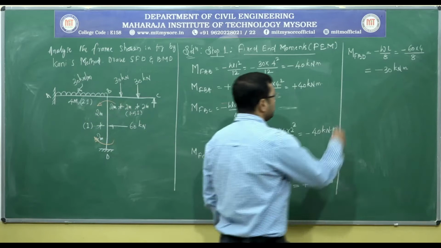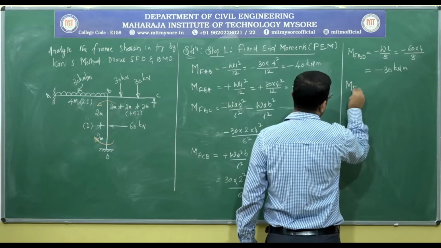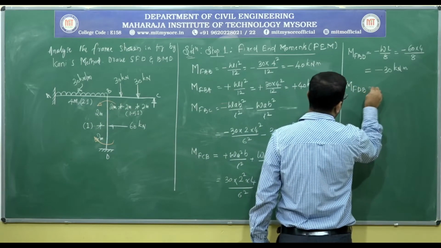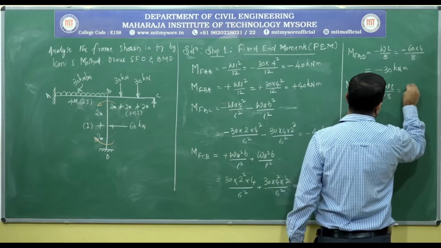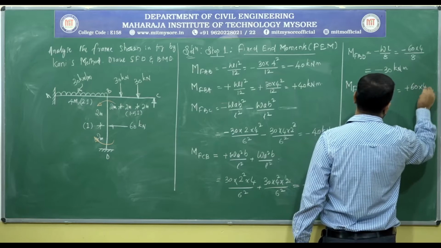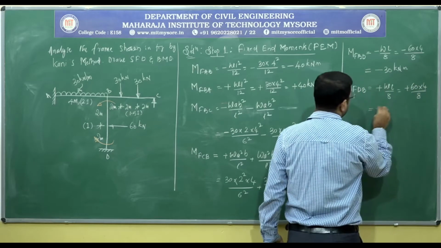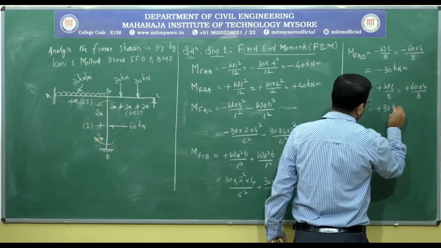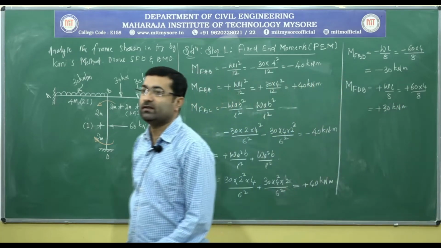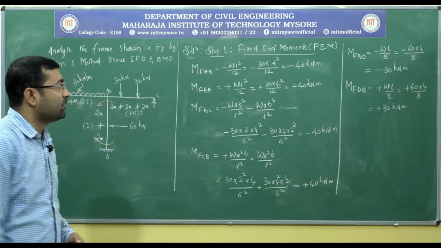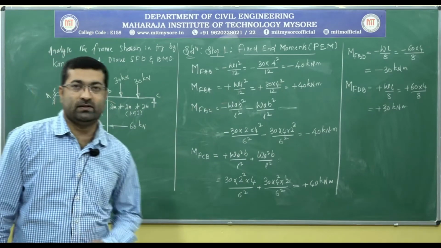And MFDB is plus WL by 8. So it is plus 60 into 4 by 8, that gives you plus 30 kilonewton meter. Okay. So this is something about the fixed end moments.